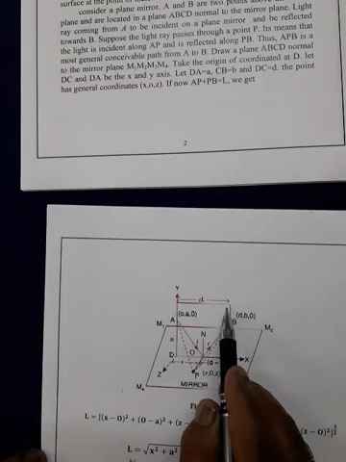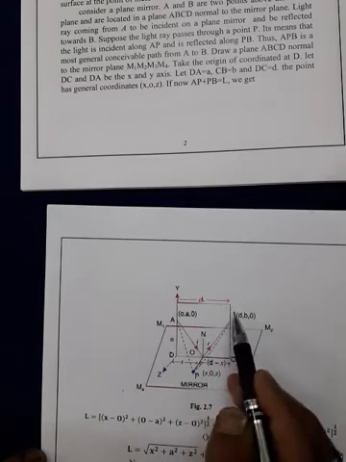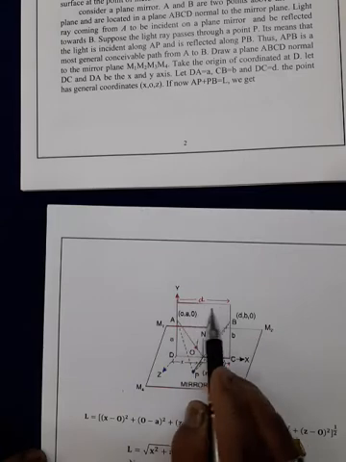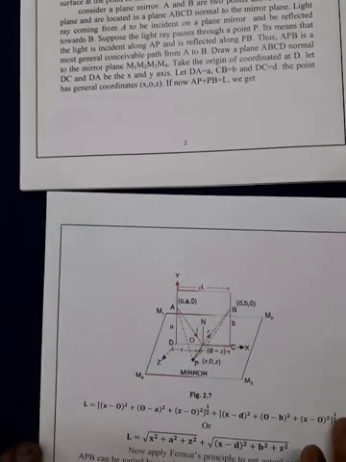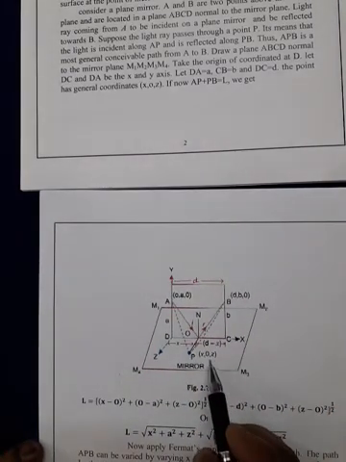The point P has general coordinates, say x, 0, z.